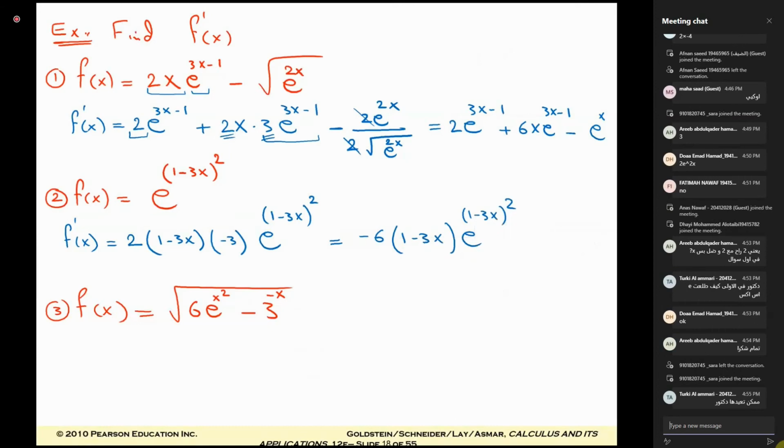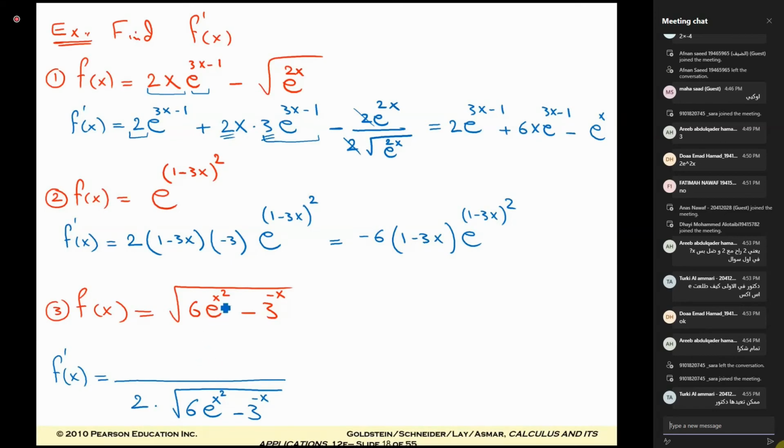Okay, continue. Now f prime equals. If we have the root, this is equal to what? 2 multiplied by the same root, radical 6 e to the power x squared minus 3 to the power negative x. Now, in the numerator, the derivative inside the root.